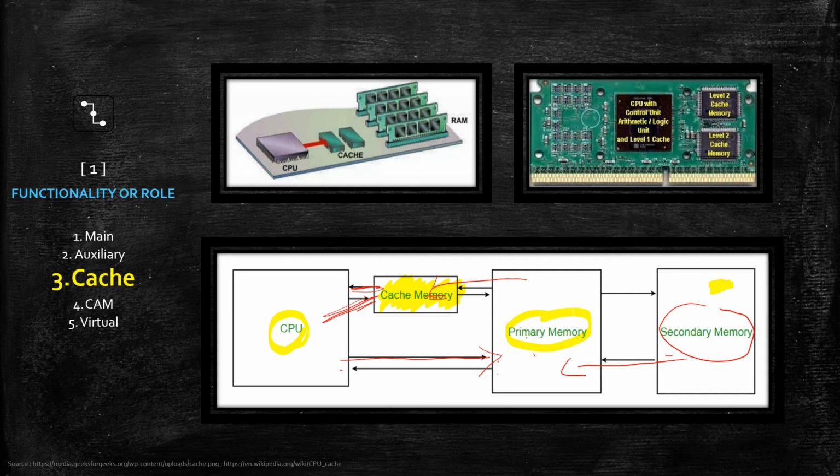Suppose I need only some portion of this data, it will be dumped in the primary memory and then into the cache memory. So all the data which is frequently used by the processor from the main memory will be dumped into the cache memory.